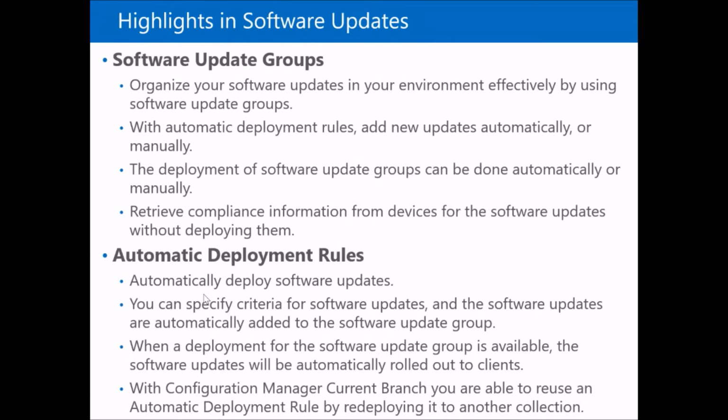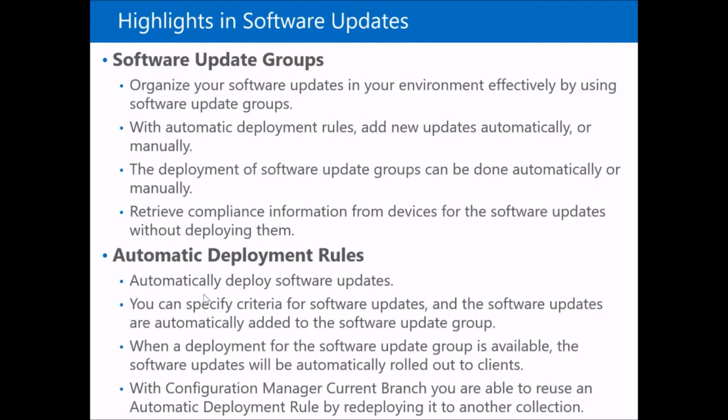Automatic deployment rules automatically deploy software updates. You can specify the criteria for the software updates, and the updates are automatically added to the software update group. The criteria might be that they are members of a certain group, that they're of a certain operating system, that they are used by certain users, or that they have certain hardware specifications.